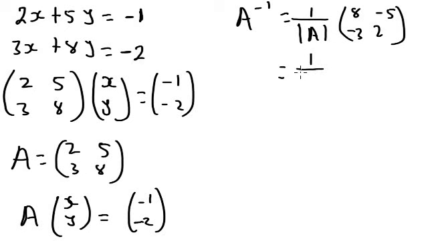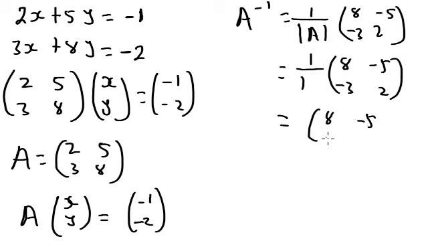So therefore, the inverse will be 1 divided by 1 multiplied by 8, -5, -3 and 2. And I have 8, -5, -3 and 2 as the inverse of matrix A. So what I'm going to do next is to multiply the inverse of matrix A to both sides of this equation.